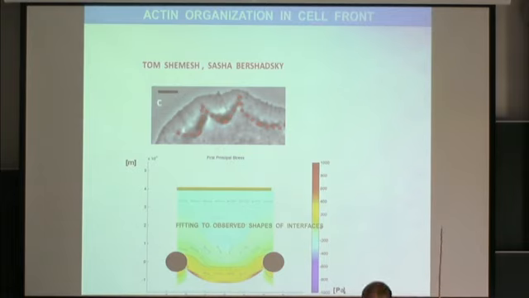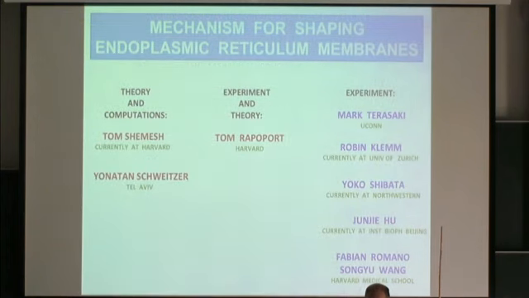So from here on, I will switch to the current topic, the last topic of my talk, which also somehow was generated, I think, without any help from me. It somehow emerged. And this will be about statics of membrane, about equilibrium membrane shapes in relation to one of the major cell organelles, the endoplasmic reticulum.